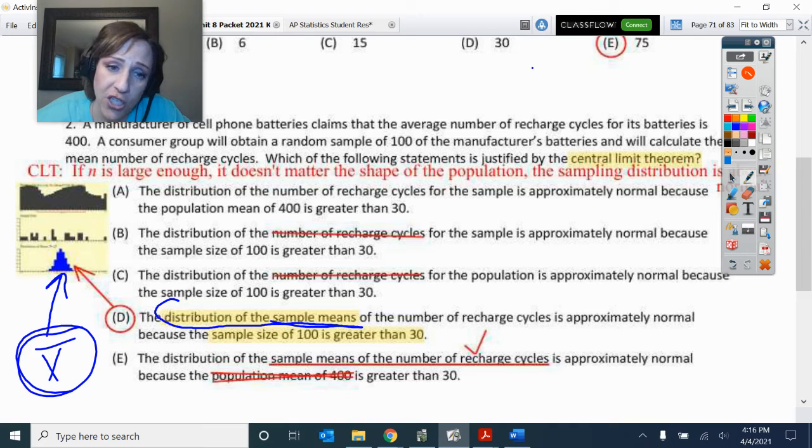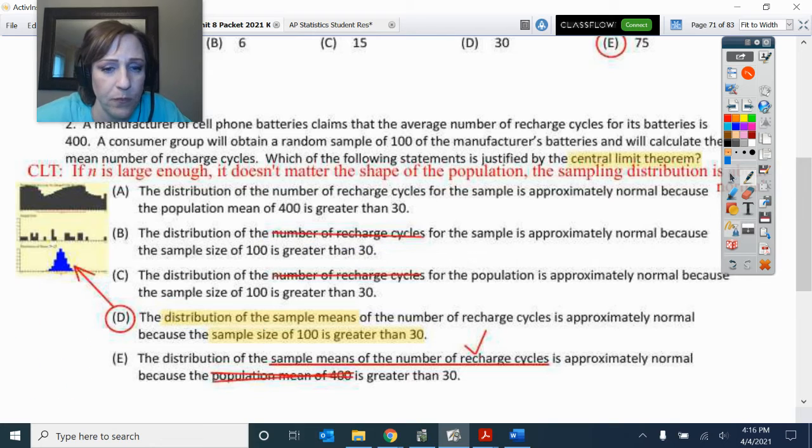Not the number of recharge cycles. Okay, because what is this blue thing about? It is a sampling distribution of X bars, not a distribution of the number of recharge cycles. I think that would be the population, or just one sample.